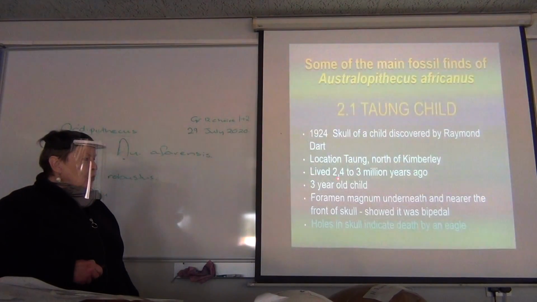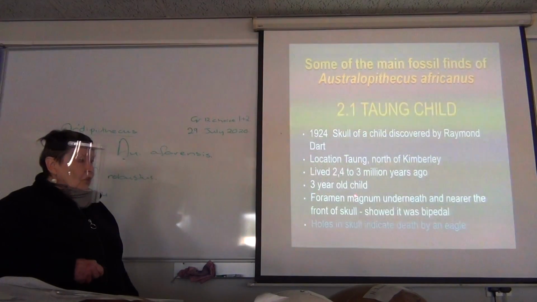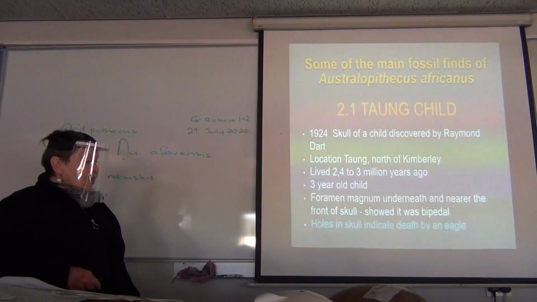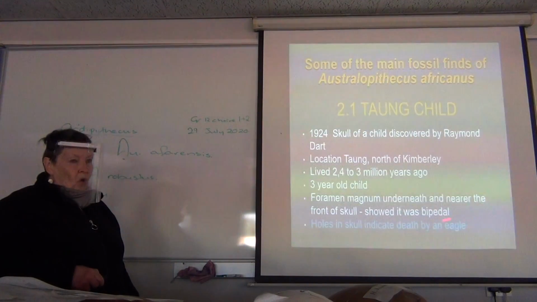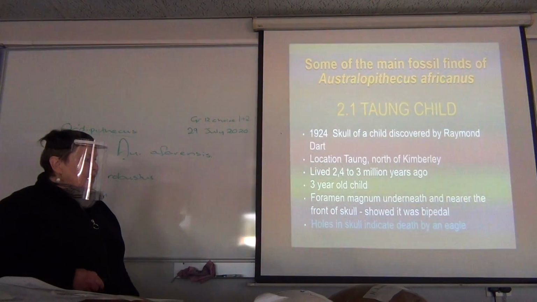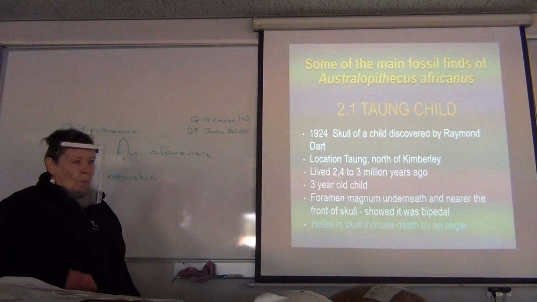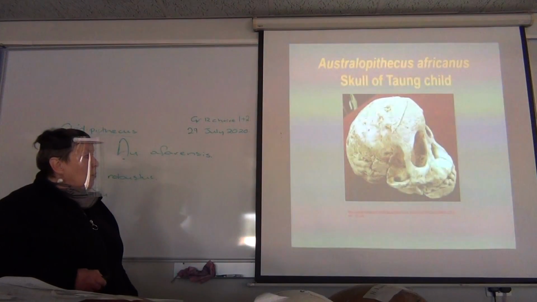It lived 2.4 to 3 million years ago. The Taung child was a 3-year-old child. The foramen magnum is underneath and nearer the front of the skull, and that shows it was bipedal. Very interestingly, it had strange holes in the skull, which they've since been able to say were from it being killed by an eagle. It was probably picked up by an eagle, and that was how it was killed.